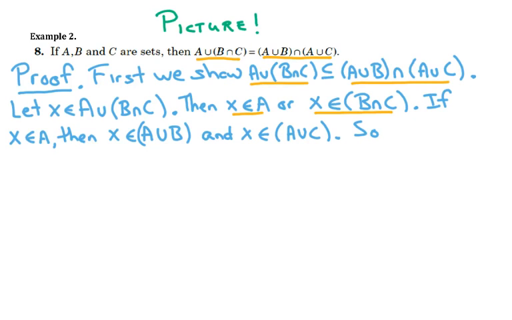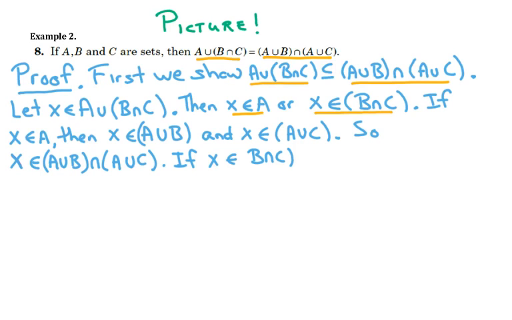So, X is an element of (A union B) intersect (A union C). Now, if, on the other hand, X is an element of this intersection, then what does that mean? X is in B and X is in C, right?